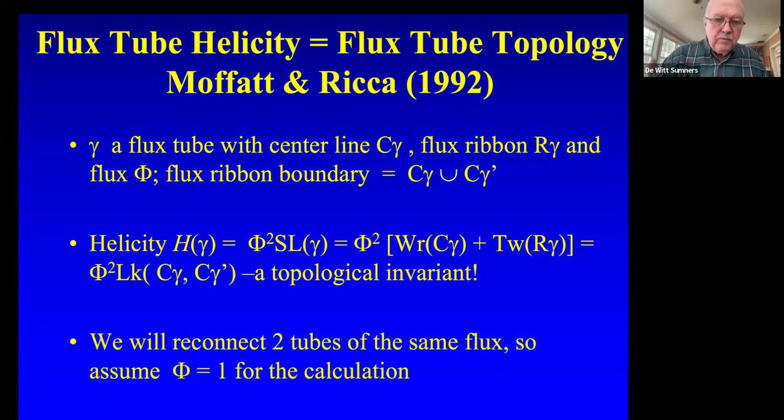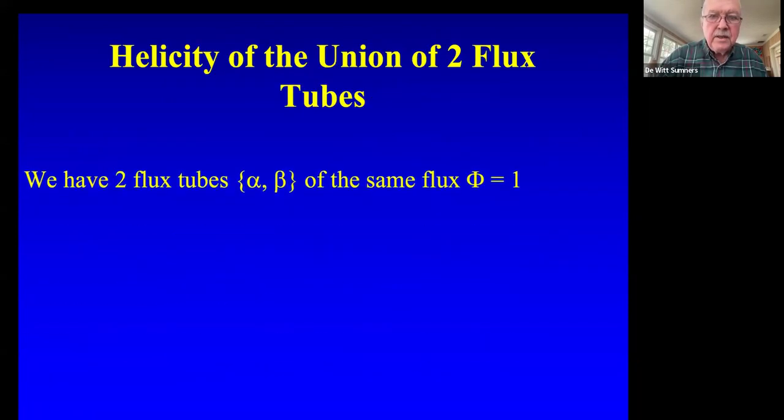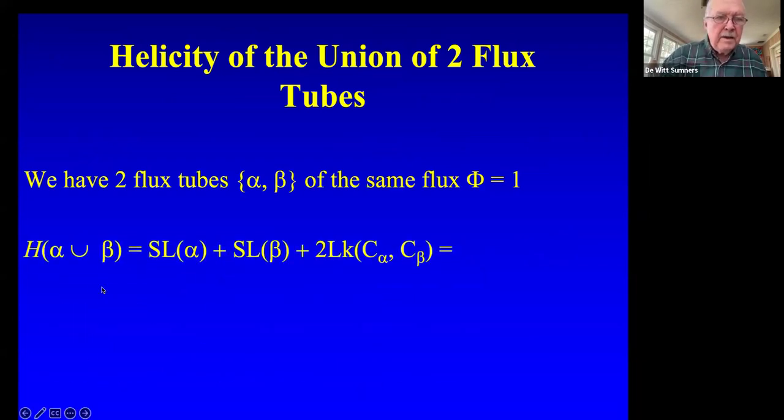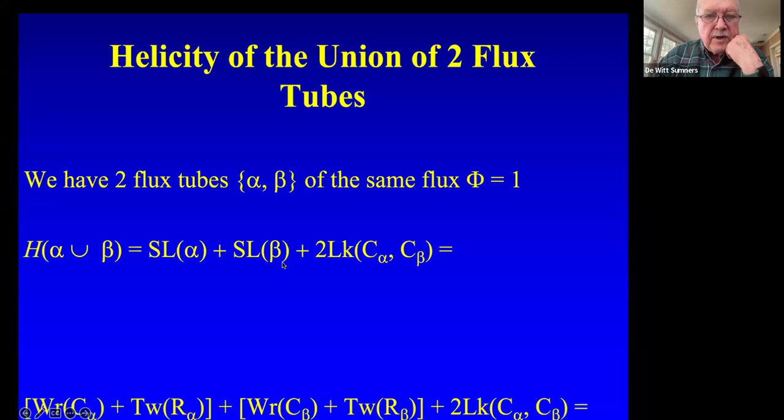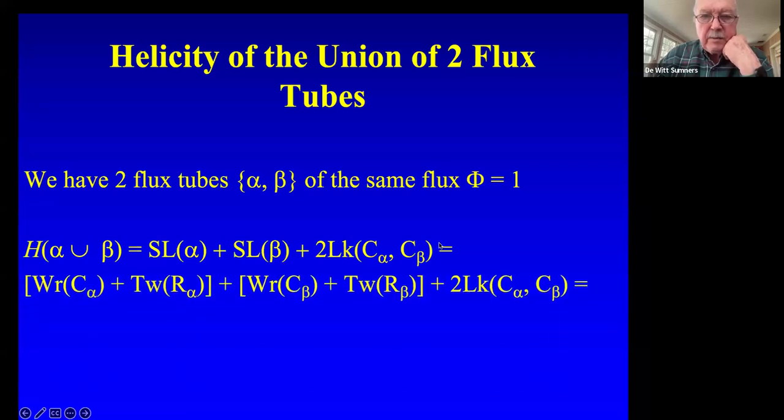So we're going to reconnect, say, two tubes of the same flux, so we'll assume that phi is equal to 1 for this calculation. So suppose I have two flux tubes with the same flux, phi equal to 1. The helicity of the union of the two flux tubes is the self-linking number of one plus the self-linking number of the other plus 2 times the linking number.